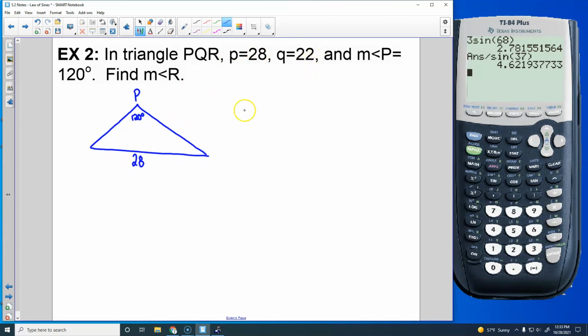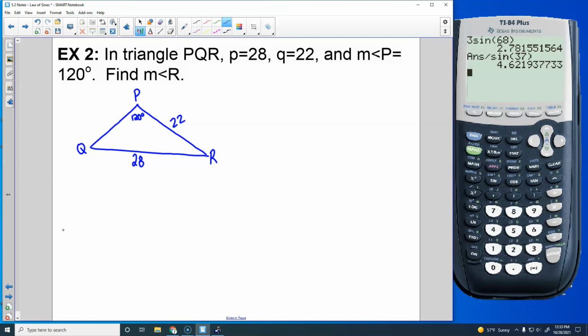Q is going to be 22. I'm going to put that here. And R here. This is probably not really drawn to scale, but we got an idea of what this looks like.